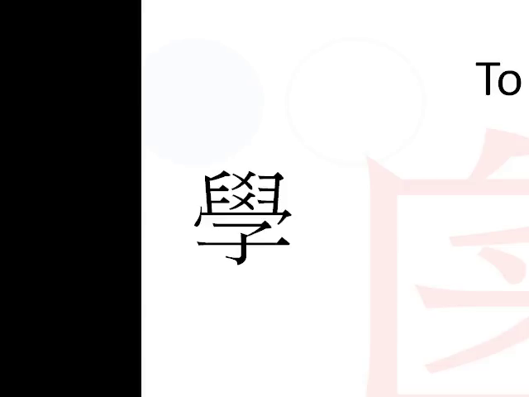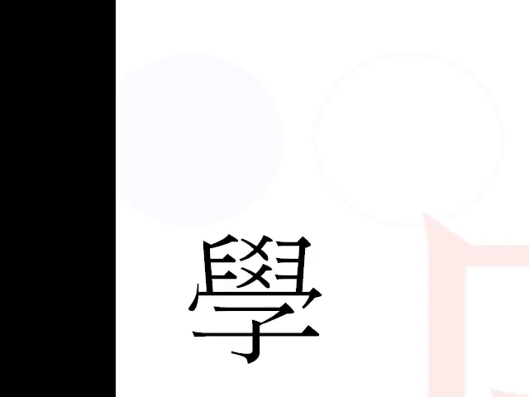Now, as you've seen, 會 is actually another kanji for the verb to can, but in this case, it's more of a phrase. 會說話 means how to speak.